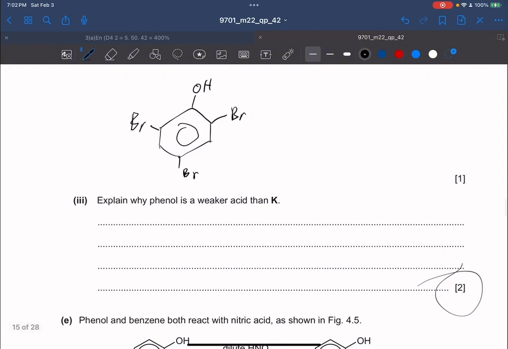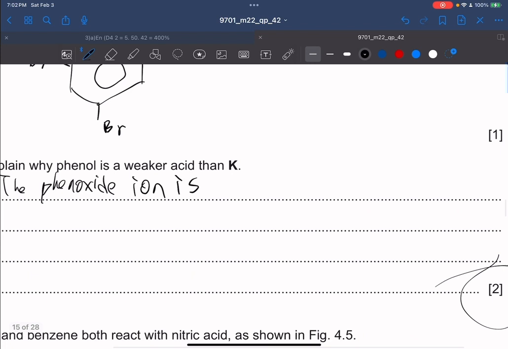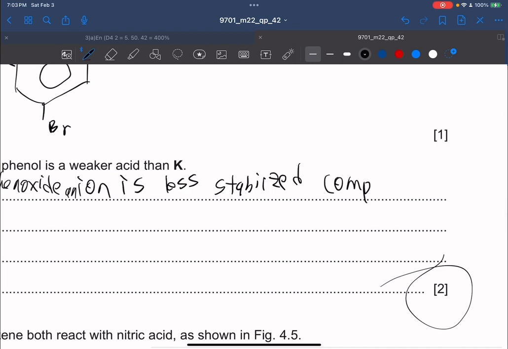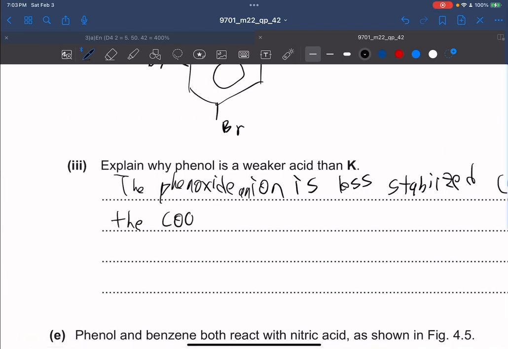So, the phenoxide anion is less stabilized compared to the COH group. That's one way to explain.